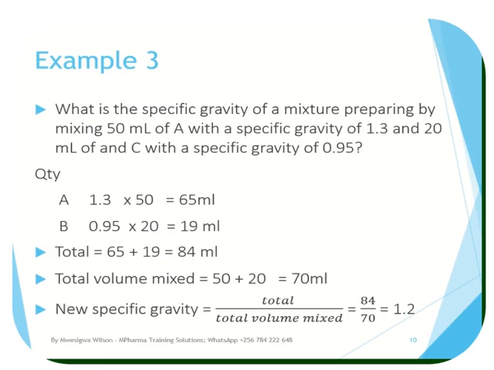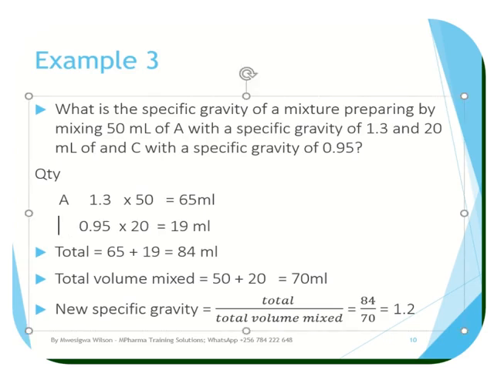So I have another question, which is for specific gravity. They're asking us what is the specific gravity of a mixture prepared by mixing 50 mils of A with specific gravity of 1.3 and 20 mils of C with specific gravity of 0.95. So this has to be C, sorry.